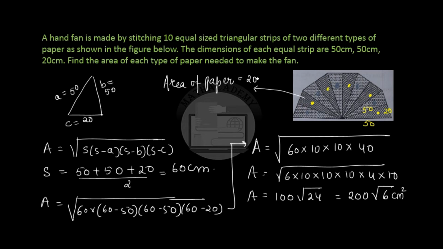So 200 root 6 times 5, which gives us 1000 root 6 centimeters square of type 1 paper, and the same we will get for type 2 paper also. Correct? Because type 2 also has 5 strips. So it is again 200 root 6 times 5, which gives us 1000 root 6 centimeters square. So I hope this question is clear to everyone.